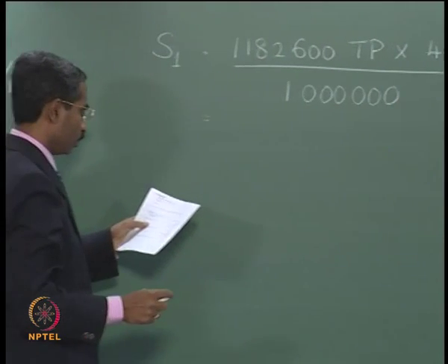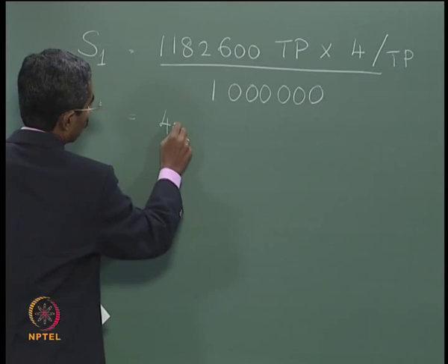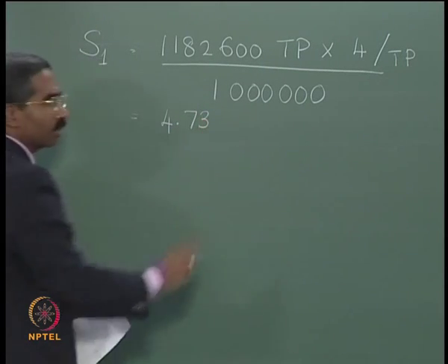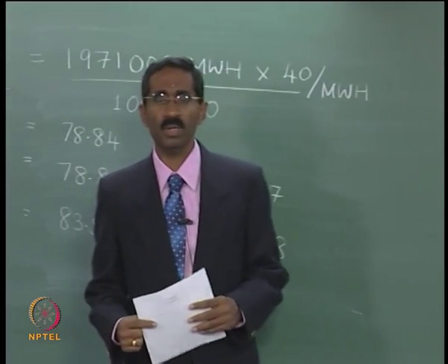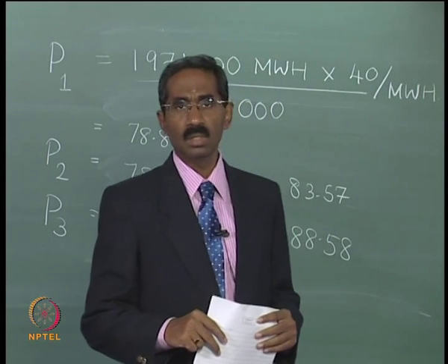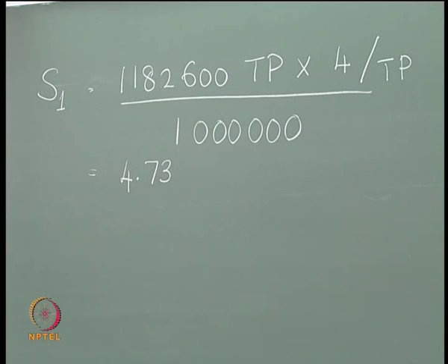So this will give you a value of 4.73. So 4.73 is the revenues obtained from generation of steam in year 1.